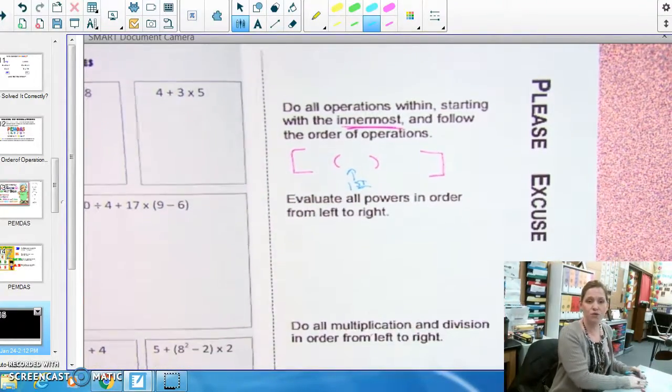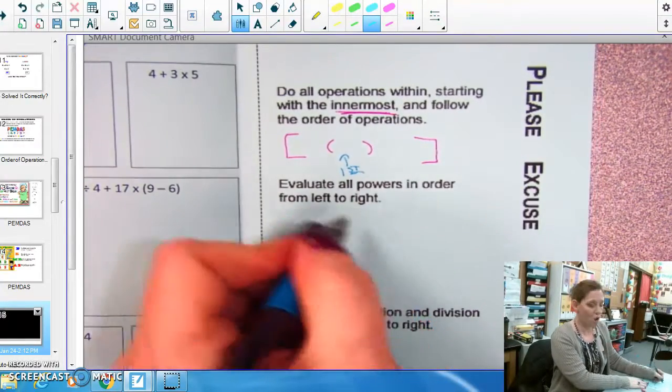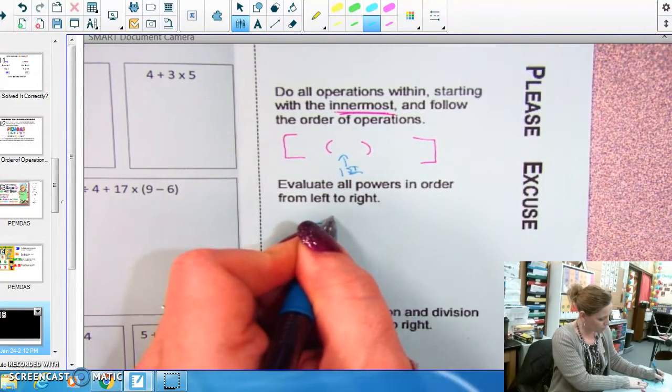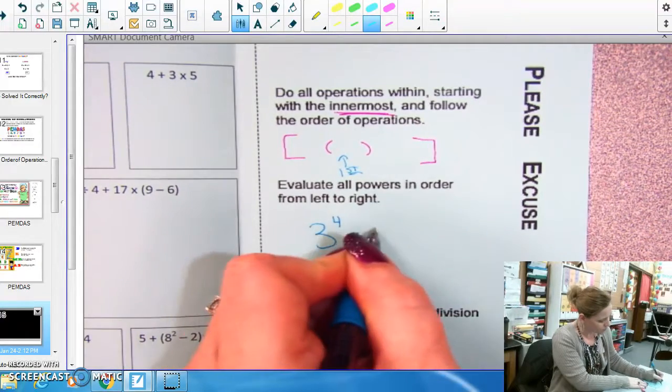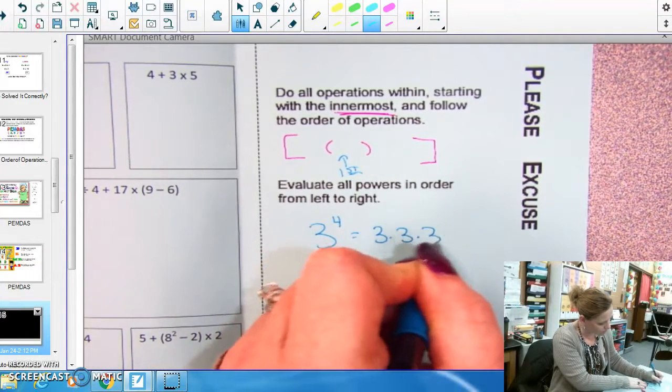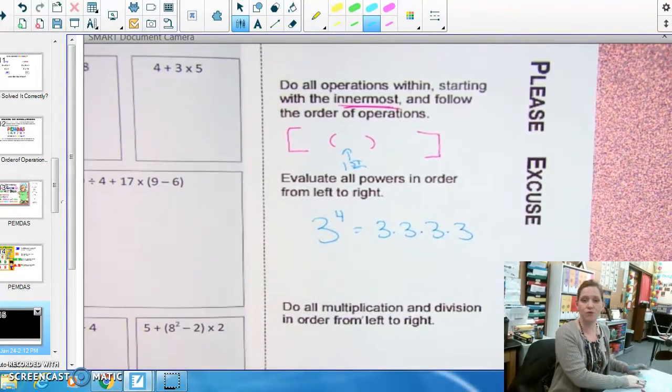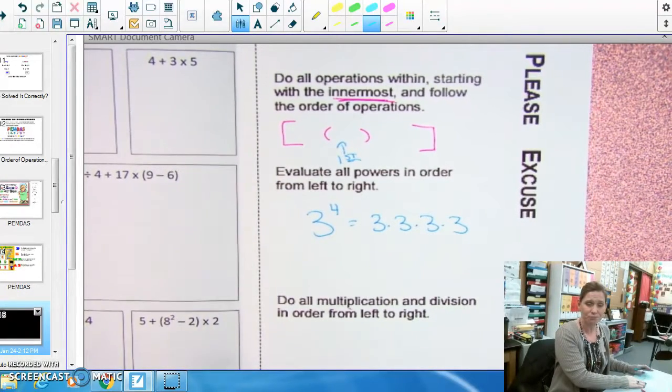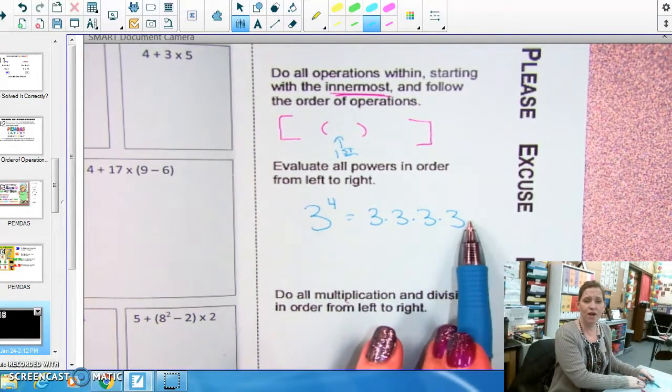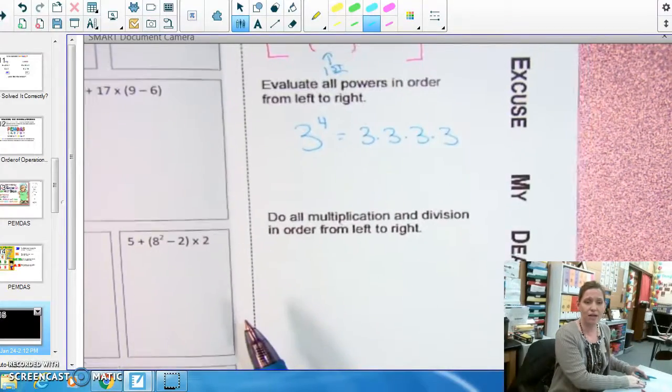So if you want to do a little visual, you can. Evaluate all powers. That would be something like 3 to the 4th power. If you want to remind yourself that that's 3 times 3 times 3 times 3, feel free to give yourself an example. So you would have to evaluate that and get yourself a final answer.